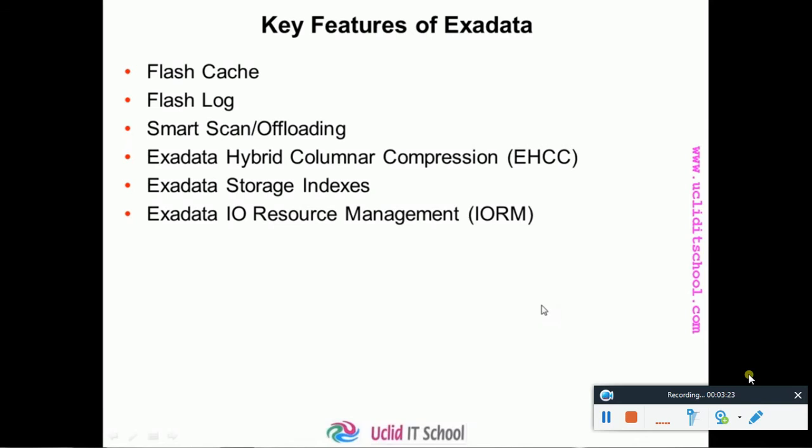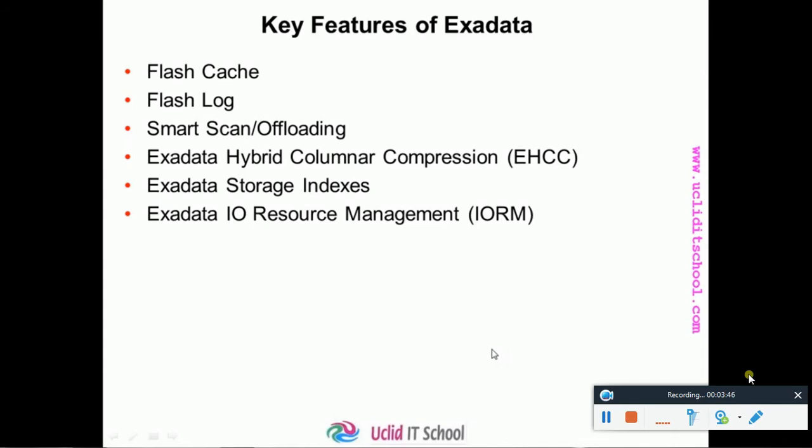No, HCC, I will tell you. HCC is a feature of Enterprise Edition database, but it is dependent on the underlying storage.